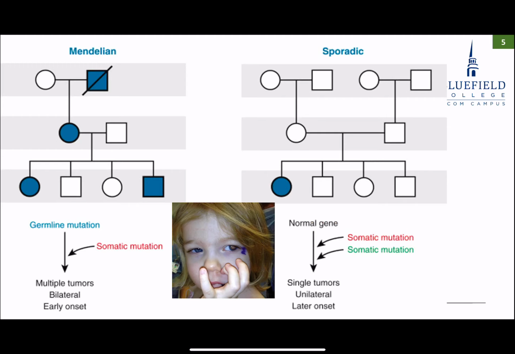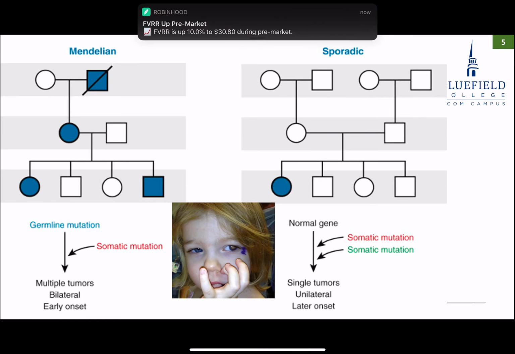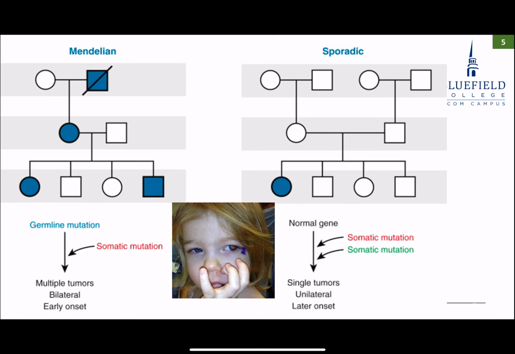And it may occur in this Mendelian or familial case, but it may also occur as sporadic. So now I think this slide explains the difference well. So let's start with the pedigree. Here we see a pedigree that even without knowing what the condition is, you would say that this is likely an autosomal dominant effect, right?